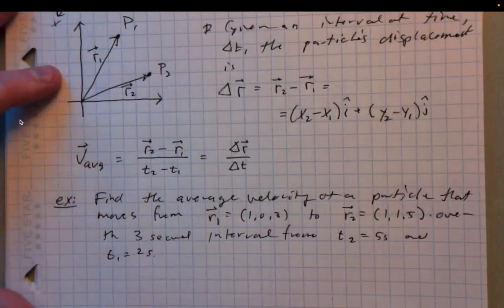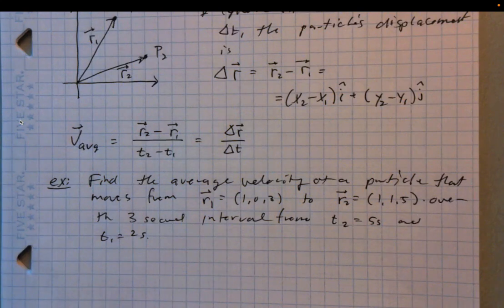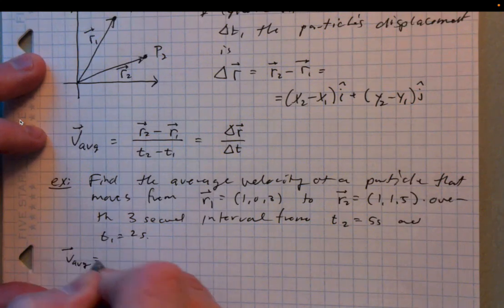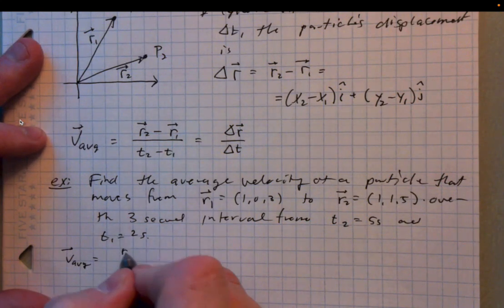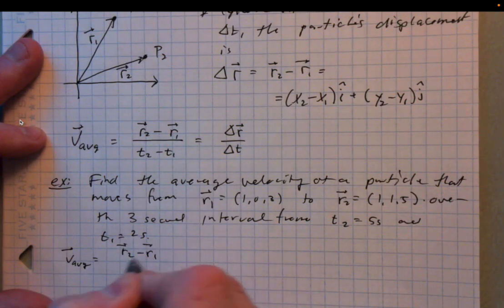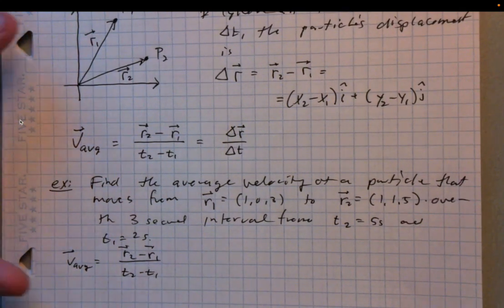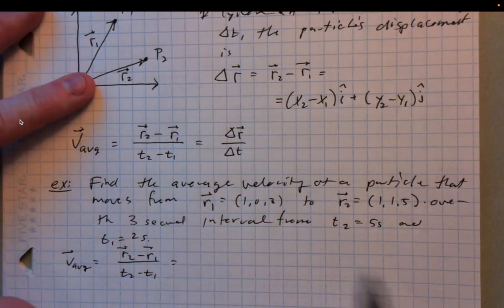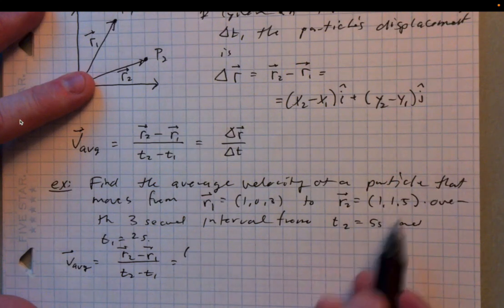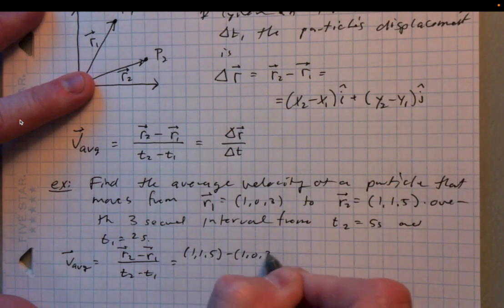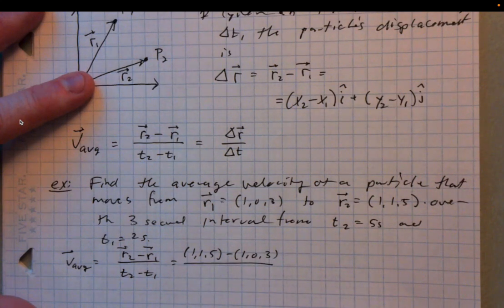Okay. It'll probably take longer to write the question than to actually calculate this. The average velocity is equal to r2 minus r1 over t2 minus t1, so the displacement divided by the time. We can think of this as just vectors, (1, 1, 5) minus (1, 0, 3), divided by 5 seconds minus 2 seconds.